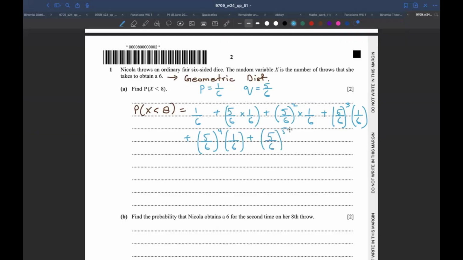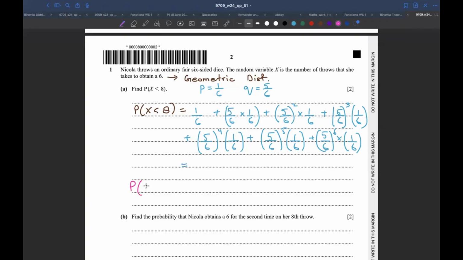So 5 failures, and then you get a 6. 6 failures, and then you get a 6, and that is it. Because it has to be less than 8, the maximum we can go is she gets a 6 on the seventh attempt, right? So this is the total probability that we have to calculate. Please put this up in your calculators.